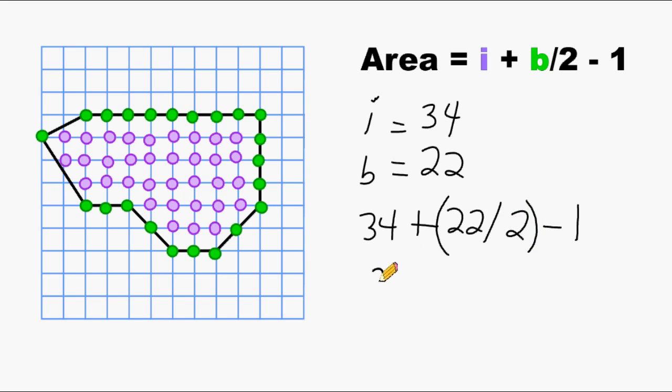Let's simplify this to 34 plus 11, because 22 divided by 2 is 11, minus 1. 34 plus 11 is 45, and 45 take away 1 is equal to 44. So by using Pick's Theorem, we have determined that the area of this polygon is 44 square units.